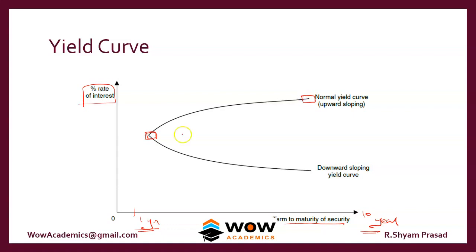So usually the interest rate goes upwards with time. The higher the time, the higher the interest rate, and the lower the duration of the bond, the lower the interest rate. But occasionally the longer term interest rate can be below the short term interest rate. This is called the downward sloping yield curve.